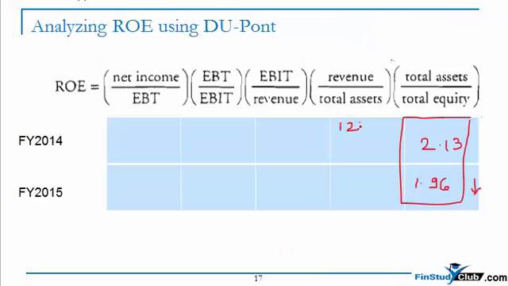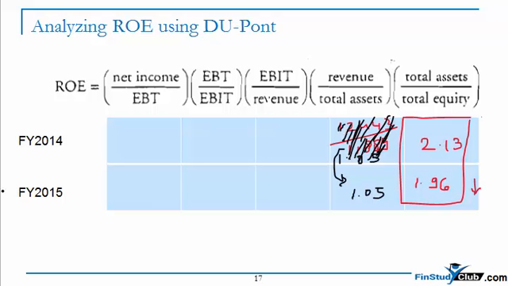So 12443 divided by 11889 gives me a number of 1.05. Okay, beg your pardon, this was for this year, FY15. So 1.05 goes to fiscal year 15.